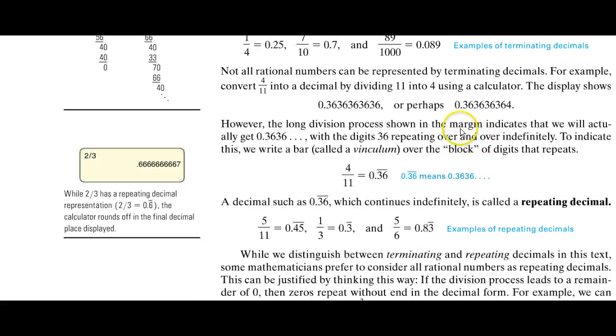Now the text is saying that what we do often when we find a repeating pattern, we put a bar over the part that repeats. This bar, called a vinculum, over the block of digits that repeat, such as this. I hadn't seen this word in a long time, but there it is. So we had said that fractions, when we put them in decimal form that terminate or repeat, are the rational numbers.